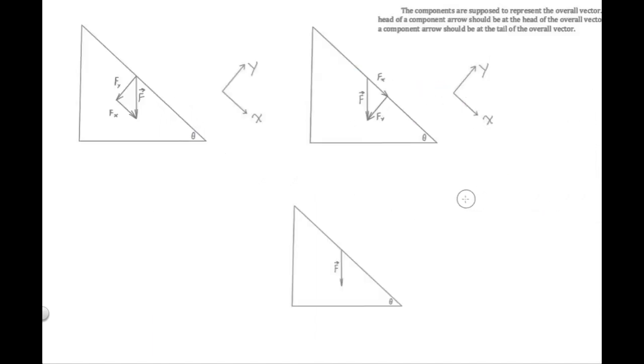Now, my experience is that most students initially cannot draw the correct right triangle to break this vector into components. Almost all students get this wrong the first time because they draw the wrong triangle. So what triangle do most students try to draw in this situation?